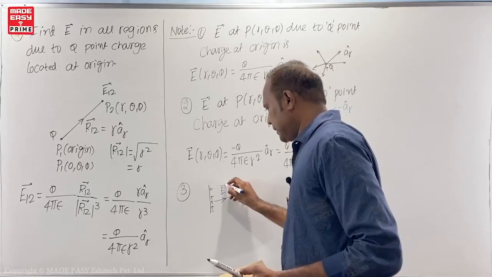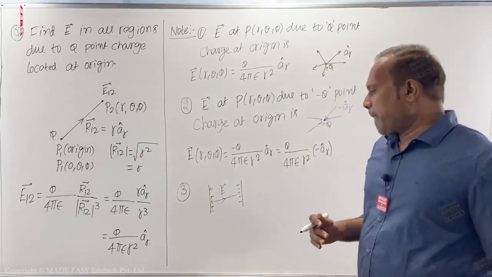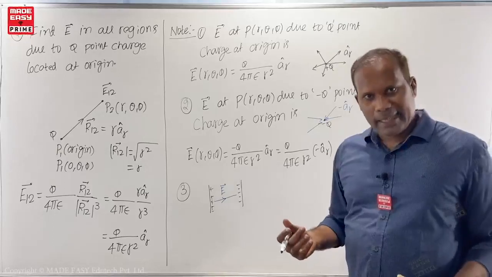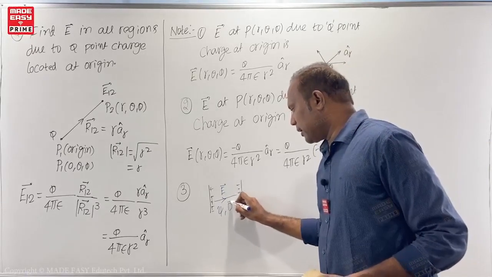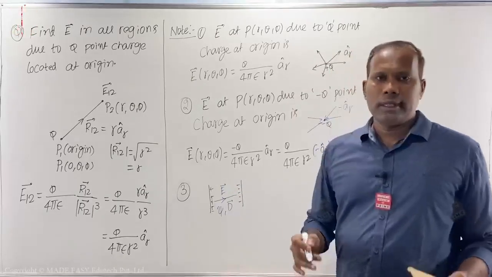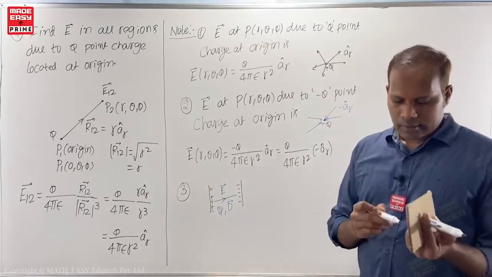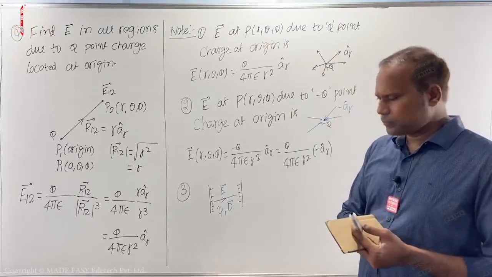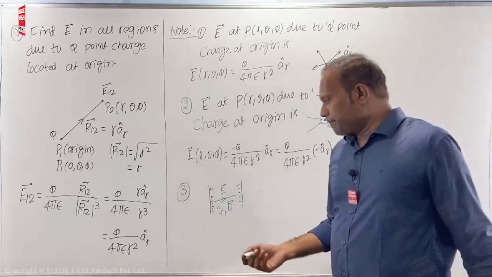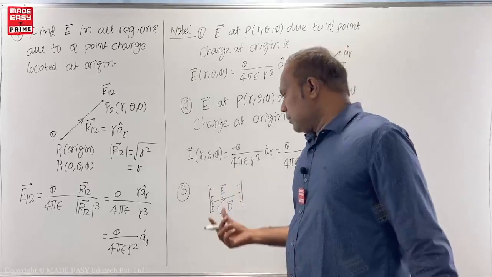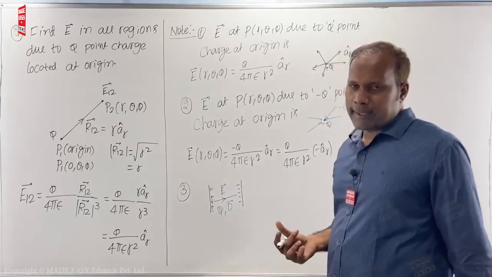Maybe in next topics we will study electric flux, and D bar also is in the same direction. We will study them. Okay, right students. Now what is the statement?